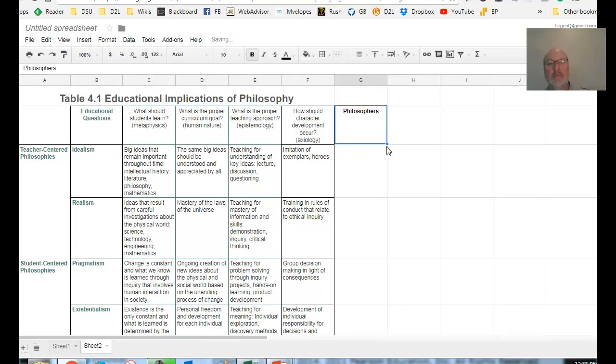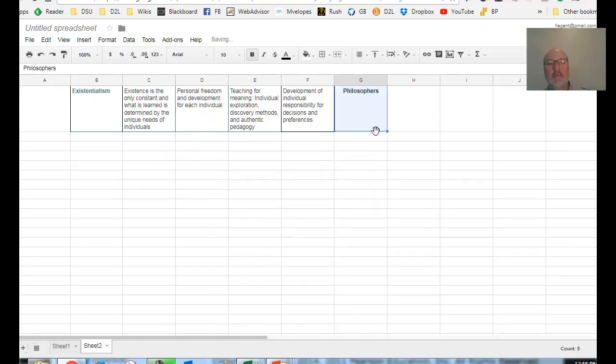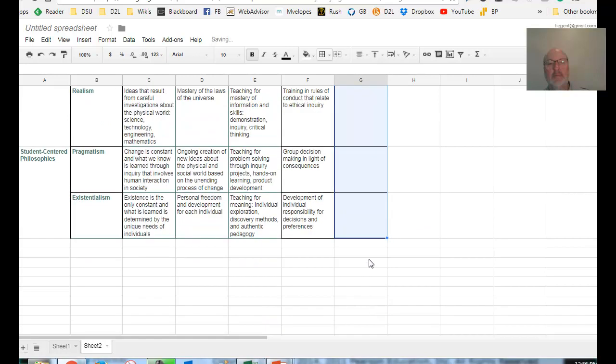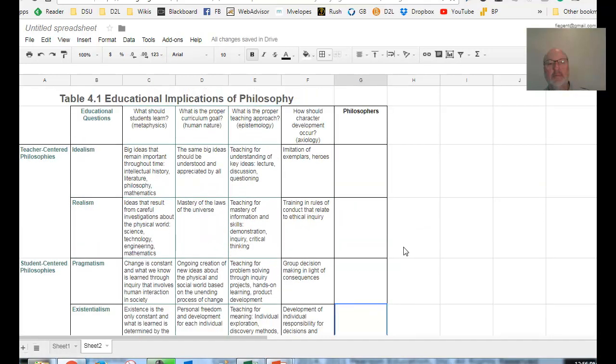And I'll make it expandable for you, down like this. And I'm going to make sure you've got cells to work from. You don't need that.